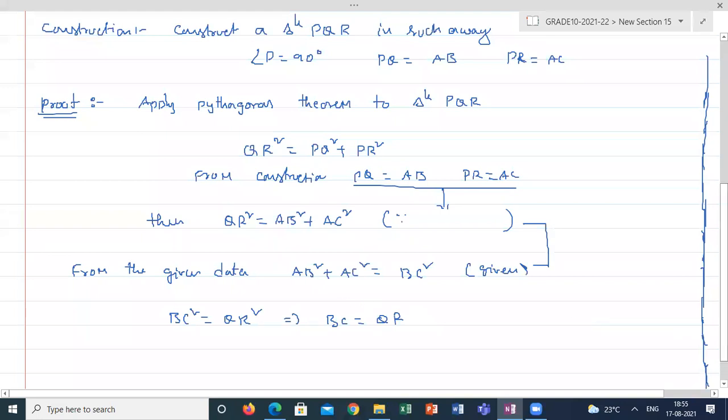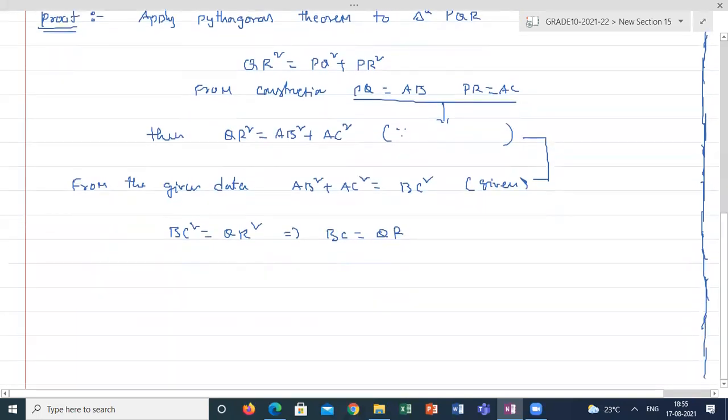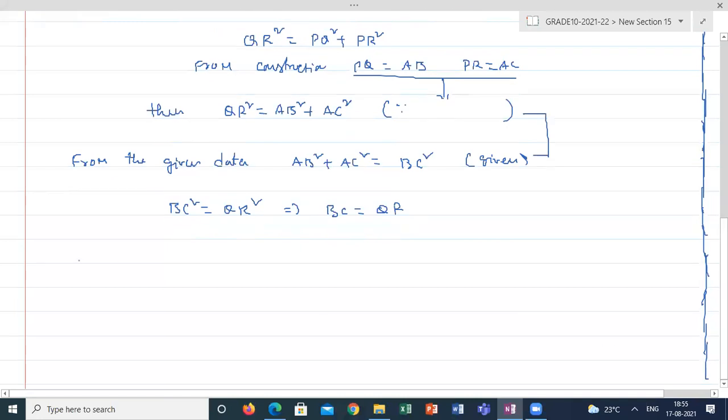So I can prove these two triangles are congruent. From triangle ABC and triangle PQR, AB is equal to PQ, AC is equal to PR. This is from construction.